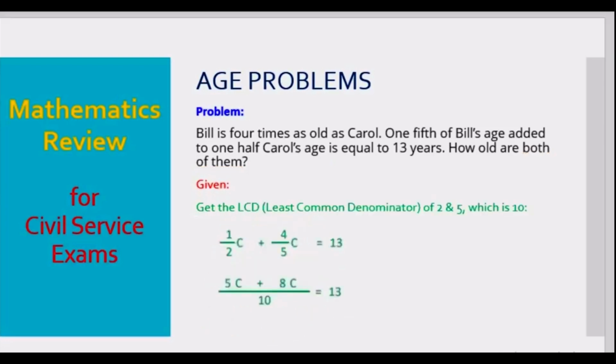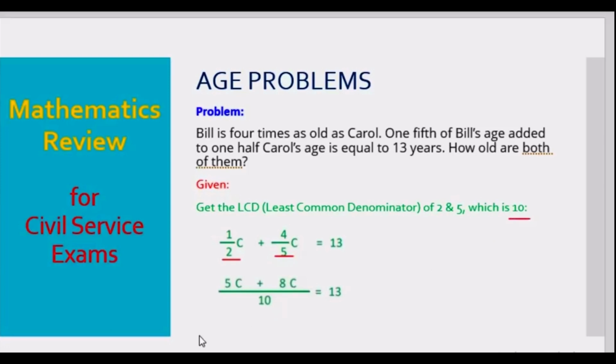Okay, continuation. Get the least common denominator of this 2 and 5, which is 10. So, madali lang kasi isipin, any number divisible by these two numbers. Okay, from 2 until 1. So, madali kasi i-multiply mo na lang siya dito. 2 times 5, which is 10.